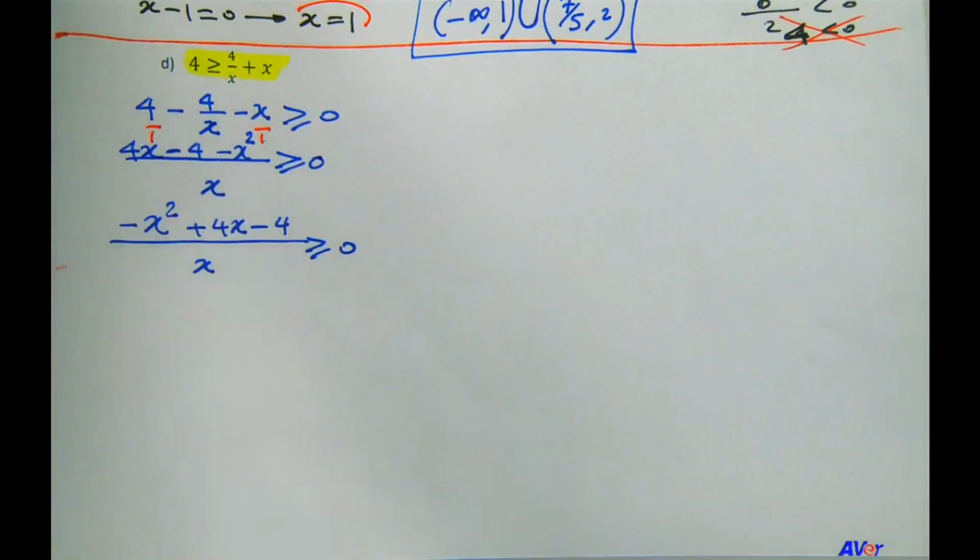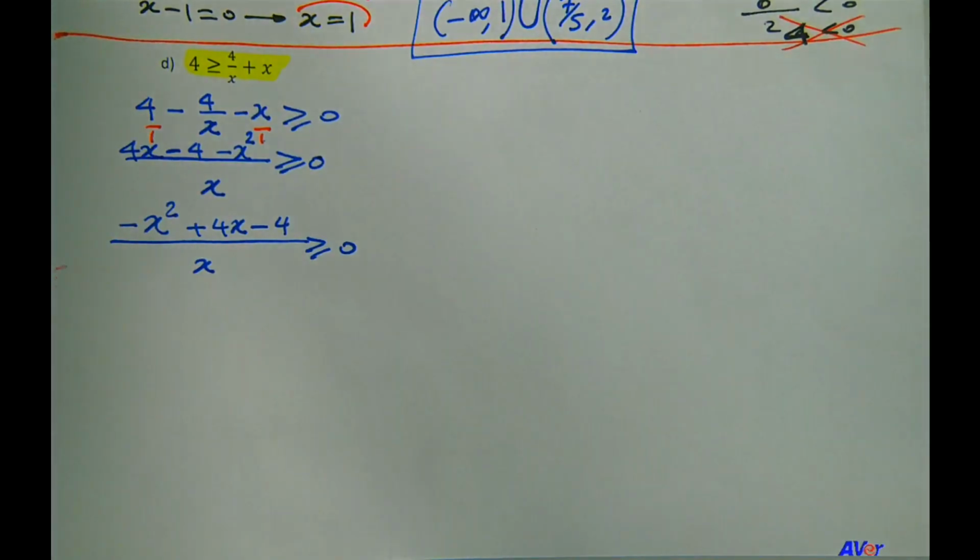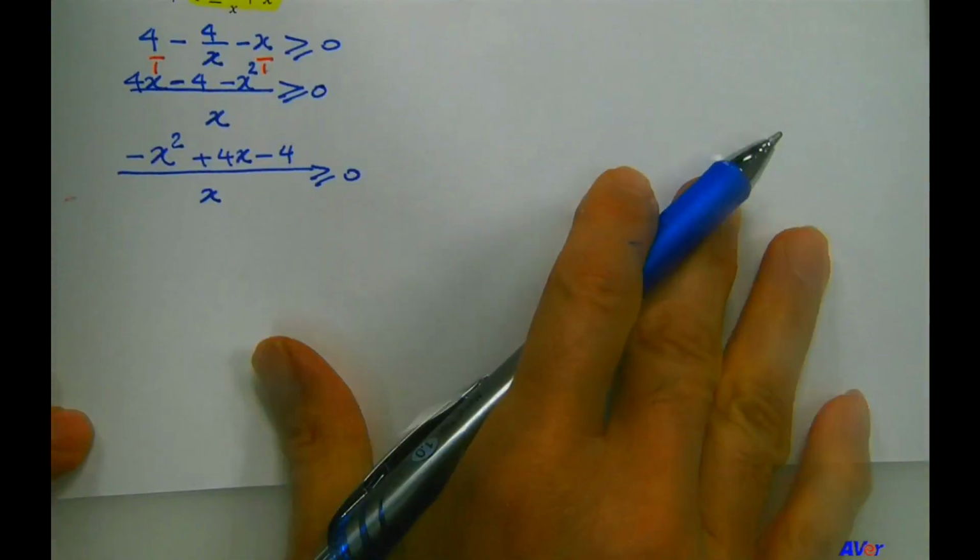It makes no difference. But the point being, you gather all the terms on one side and the other side is going to be 0, greater than or less than or equal to 0, depending on which way you go. So for me, it turns out that the left should be greater than or equal to 0, which is fine. All right, so let's factor the numerator here. The denominator is okay.